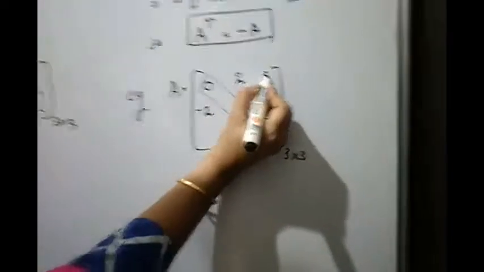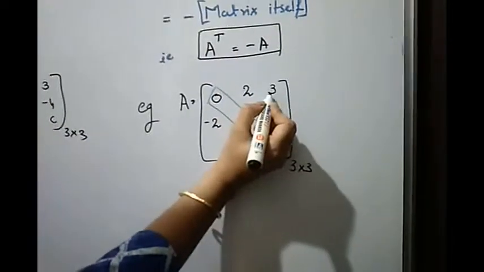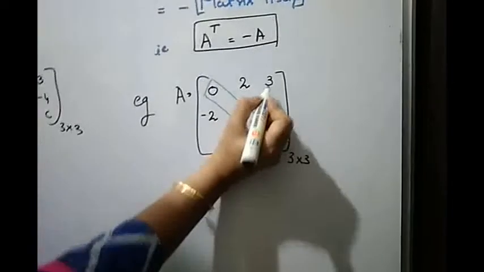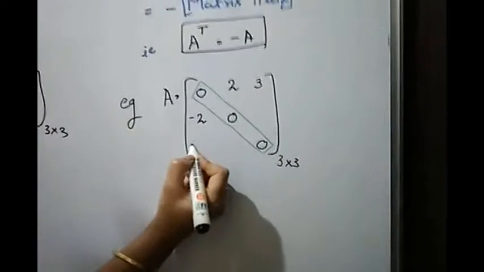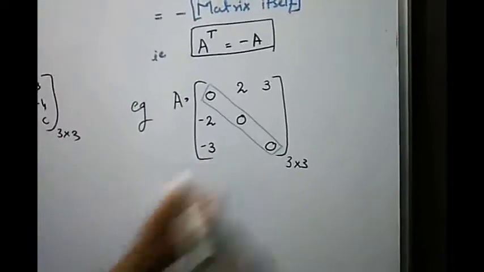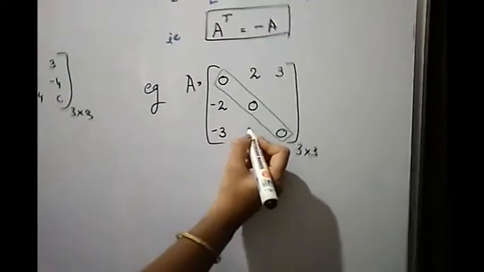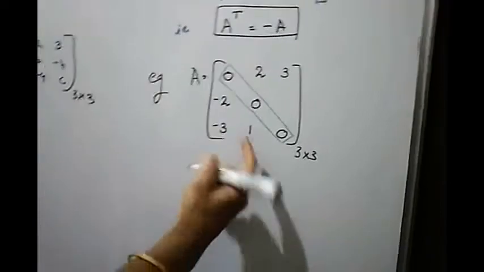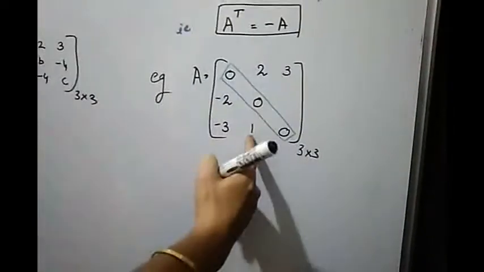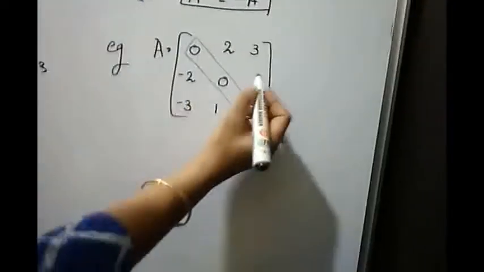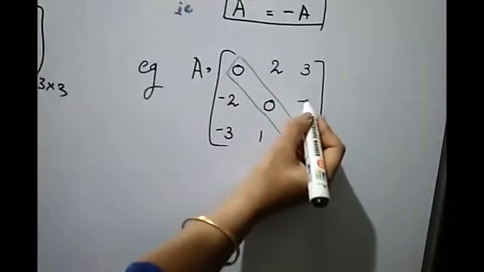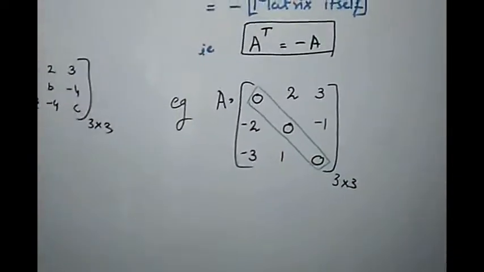If it is 3, that is first row, third column, then third row, first column should be -3. If it is 1 here, that is third row, second column, the element is 1, then second row, third column should have the element -1.